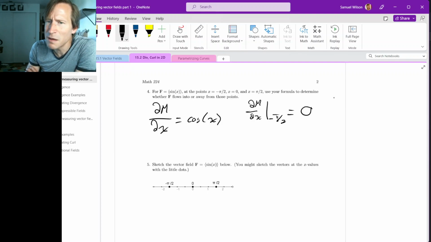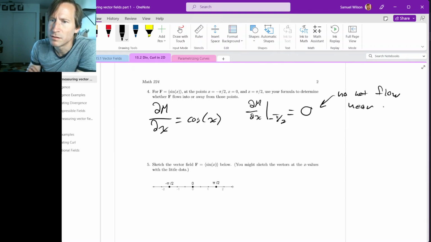Okay, that means that in total there should be no net flow near minus pi over 2, right? Okay, so now let's evaluate this derivative at 0.